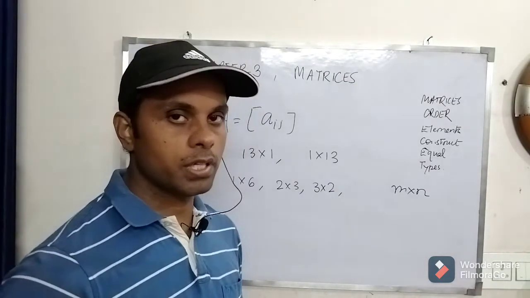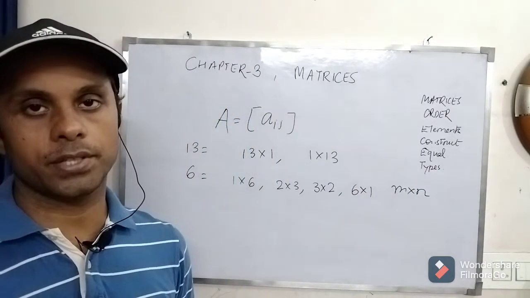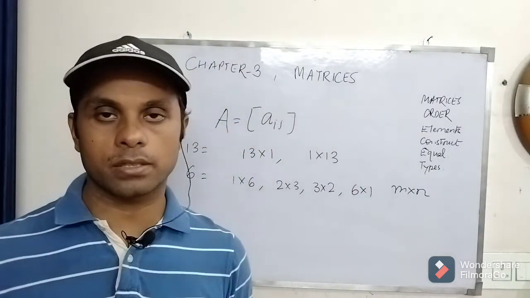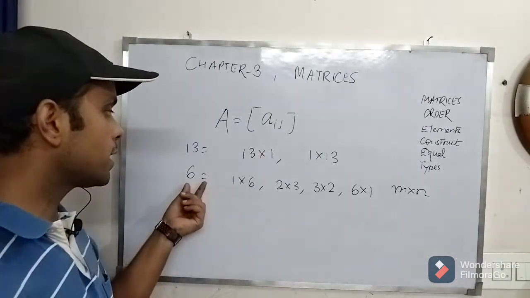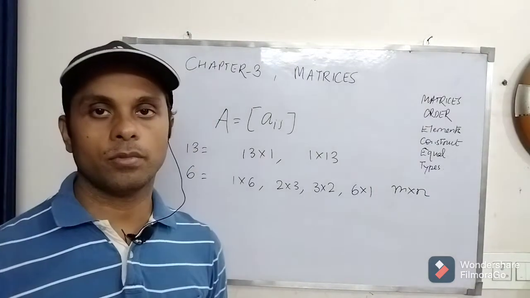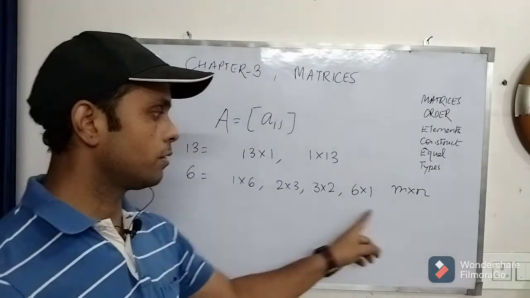And 6 by 1 is 6. So there are 4 possibilities. There are 4 such pairs whose product is 6. So using 6 elements we can form only 4 matrices of these orders.